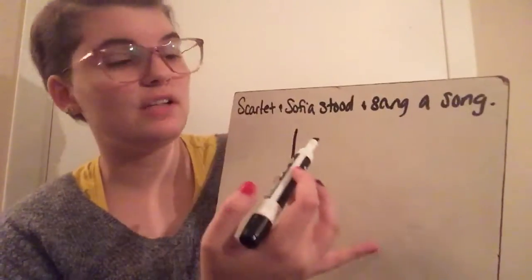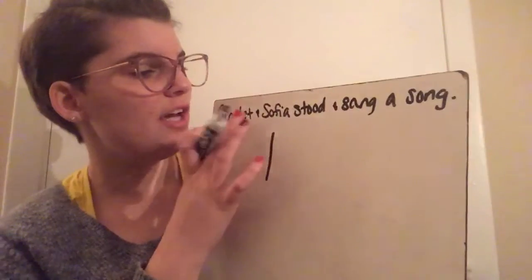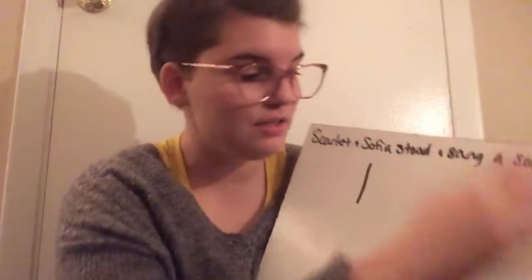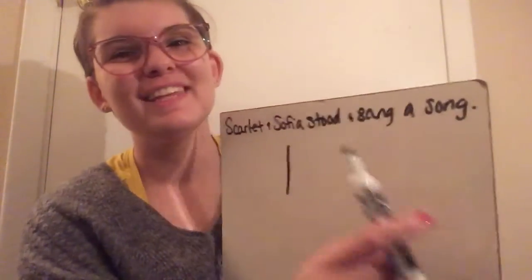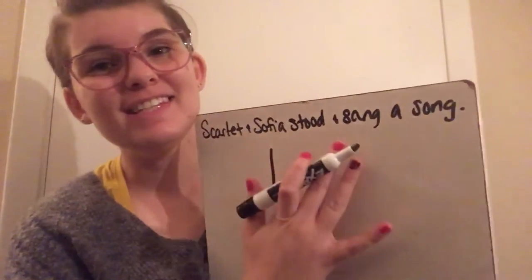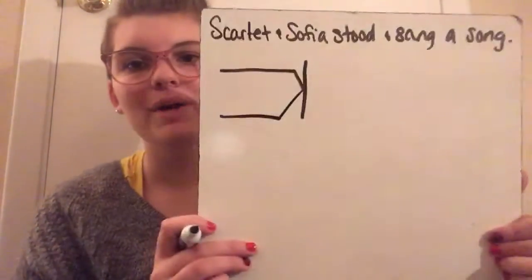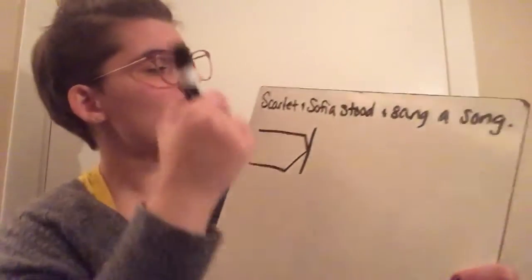So we're going to start with our subjects. We have Scarlett and Sophia, and stood is a verb that starts our predicates. There goes my marker, just throwing things all over the place. We have this, so it's our predicate. So we have Scarlett and Sophia, which tells me that I have 2. 1, 2. So who are mine?